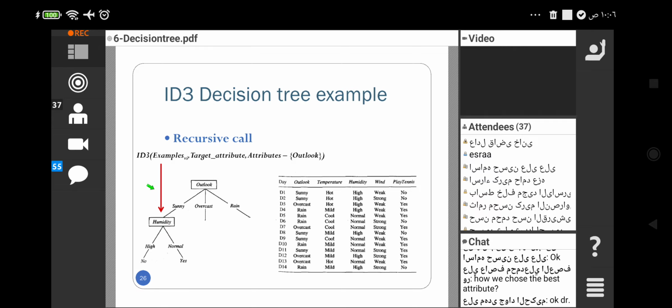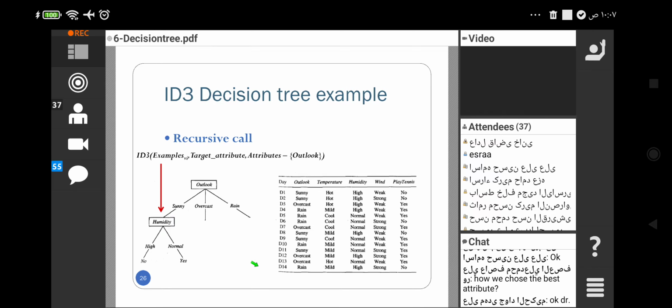Here at this point we have 3 attributes. The attributes are temperature, humidity, and wind, because outlook is used in the root node. The attribute which is used in the root node could not be used in the rest of the tree, because all of the nodes are the children of the root node.